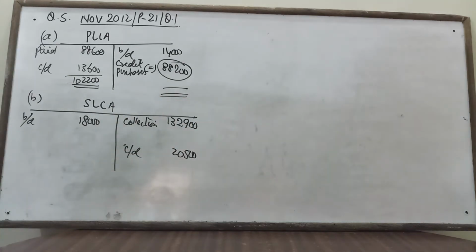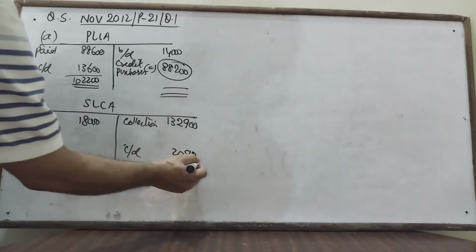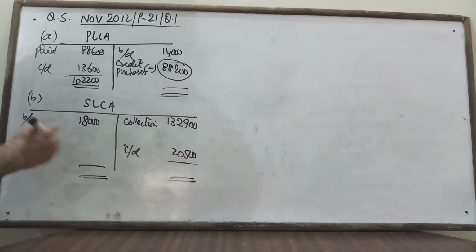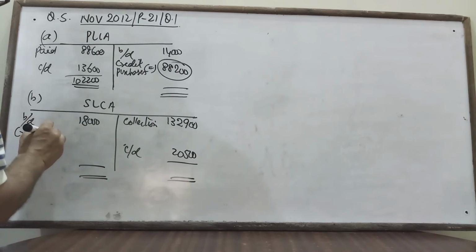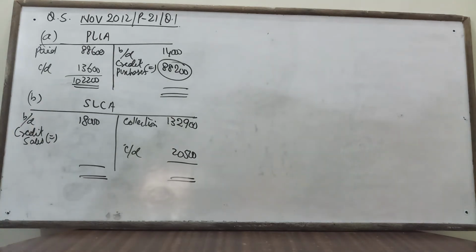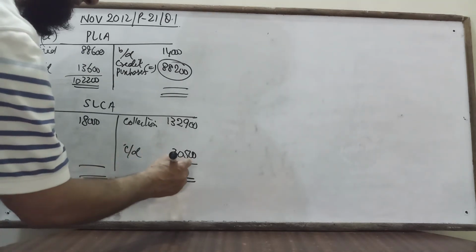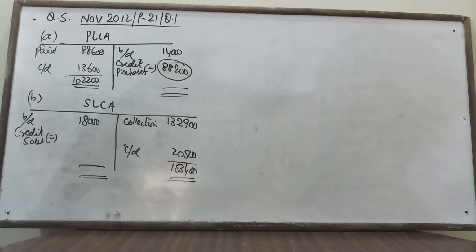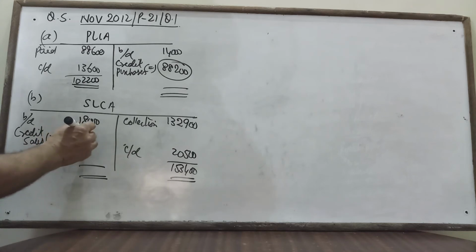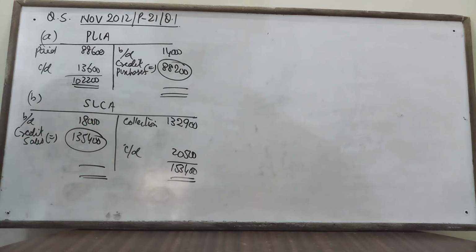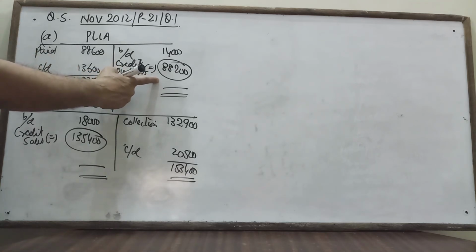Add this to the closing balance of 20,500, which gives 153,400. Then 153,400 minus 18,000 will give you credit sales of 135,400.